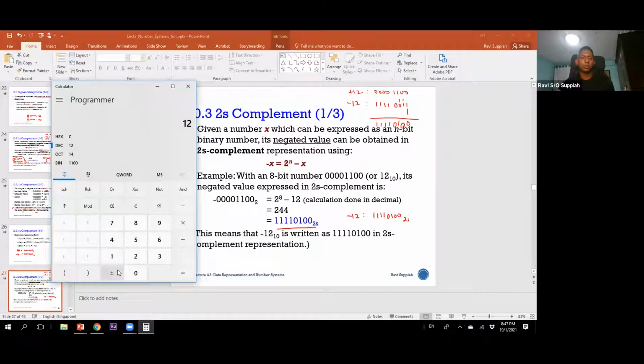But since they are 0, you don't need to write them, it makes no difference. But if the answer is negative, then I need to make sure that the 1 is extended. So the most significant bit of 1 is extended to fill up all the bits in front. As you can see, this is how your computing platform represents negative numbers using the 2's complement format.